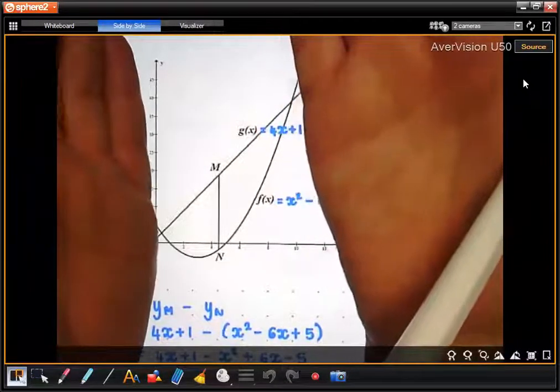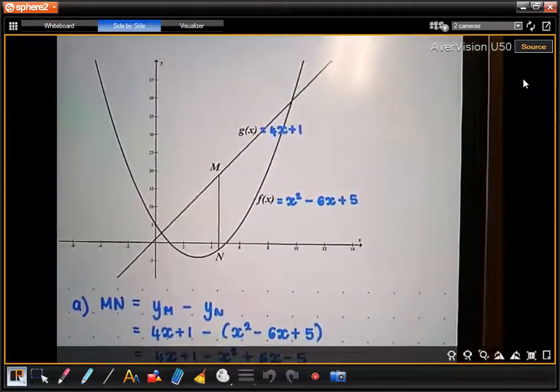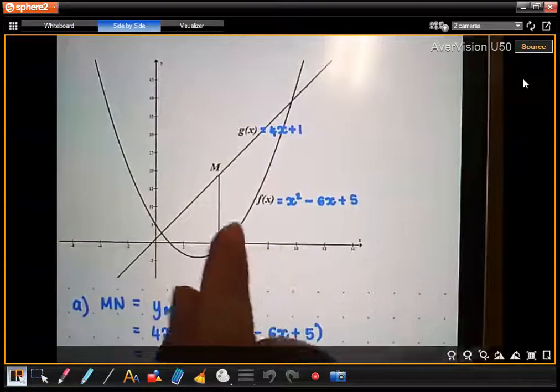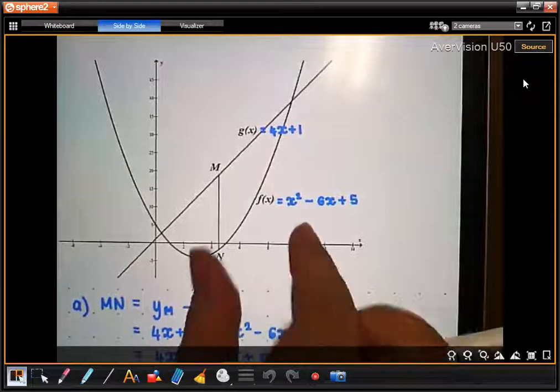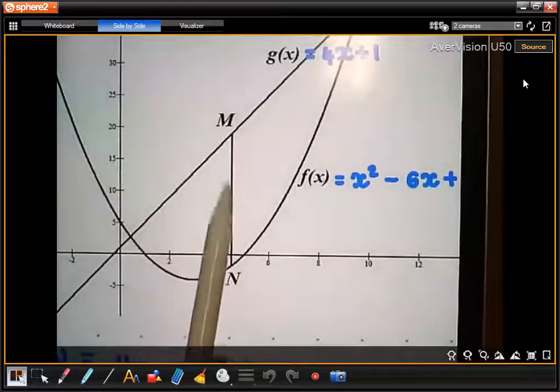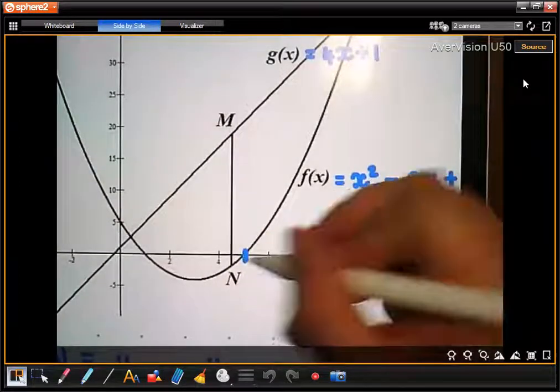Okay, so they're asking us, where would MN be the longest? Where is the distance between the two graphs the biggest, the maximum length? Okay, so we are finding where in terms of x, so at x equals 5, and you can even see on the picture, that is not x equals 5. Right, you can see where they draw it. I almost feel like 5 would be over there.